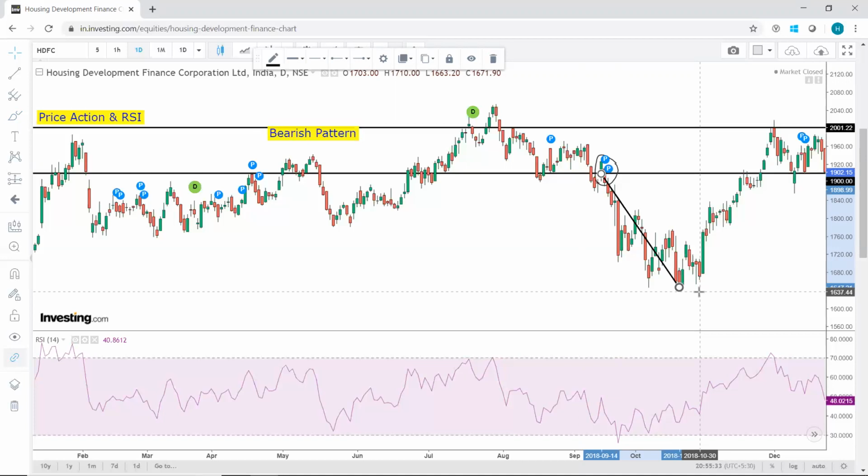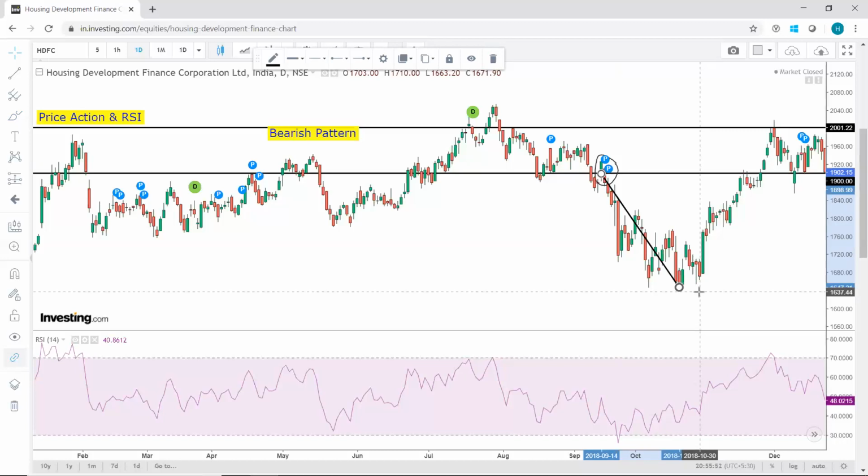However, in the markets, what happens is there are instances wherein we witness a false breakout. And if a trader trades on the false breakout, he will end up in huge losses.